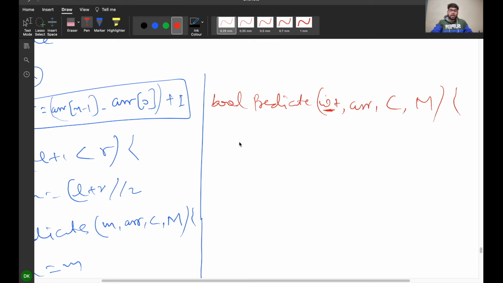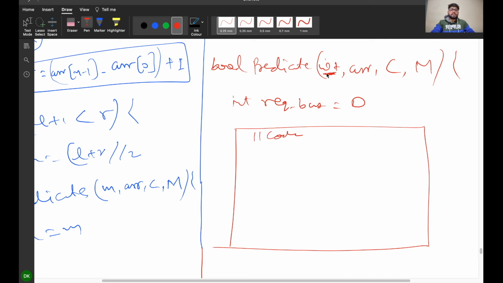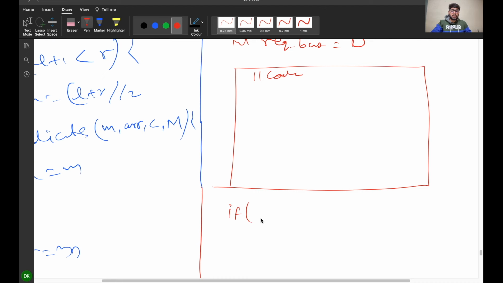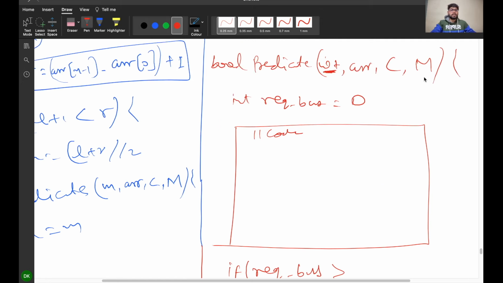So I initialize int required buses as 0, and after processing, I check if the required buses is greater than m, the given buses.